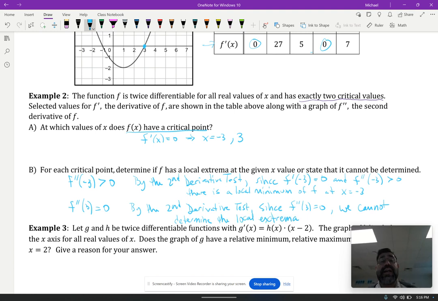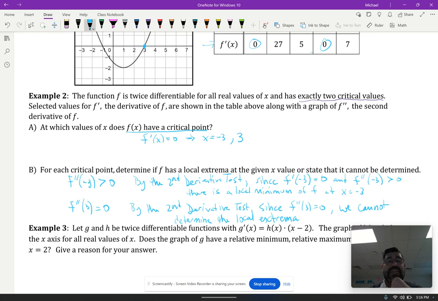Notice the phrasing is not, there is no local extrema. I just can't determine the local extrema because I don't have enough information, the second derivative is equal to zero, that test falls apart, right?